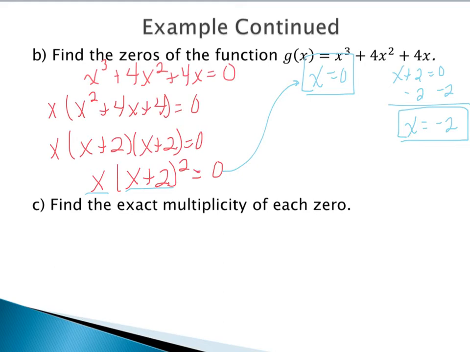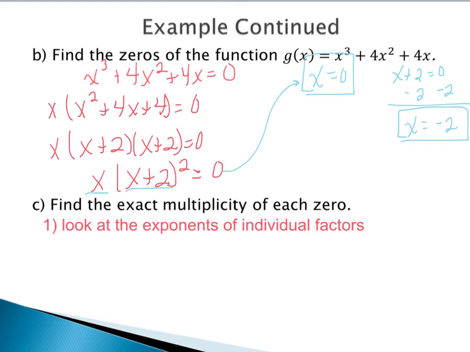So now that we have the zeros, we want to find the exact multiplicity of each zero. Your multiplicity is essentially the number of times the zero appears when we're solving for it algebraically, as we just did. This can happen in one of two ways depending on how you solve the problem. The first would be to look at the exponents of the individual factors.